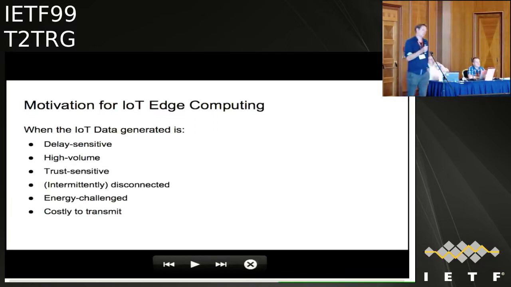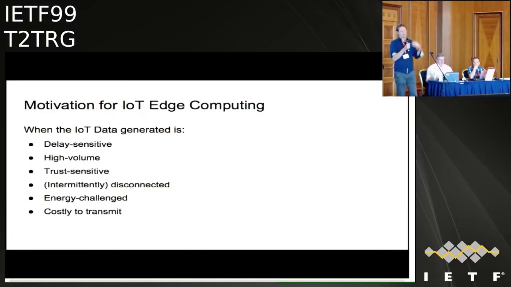We said there is a set of motivations. Sometimes access to data is delay sensitive, so you want some network locality. In industrial IoT, for example, you generate lots of data, so there's a high volume, and you need to pre-process it before giving it somewhere else.